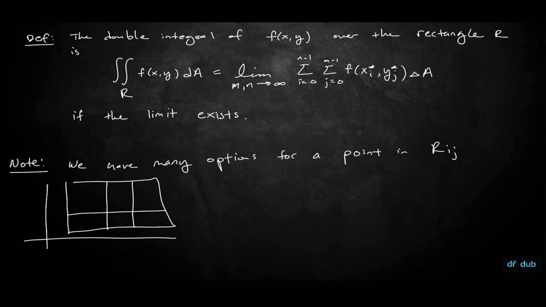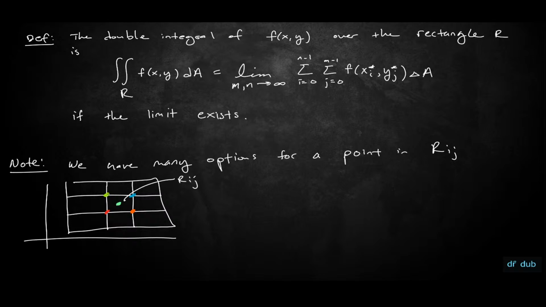Well, then there are a bunch of different points that we could pick. We could pick the lower left corner. We could pick the lower right corner. We could pick the upper left corner. We could pick the upper right corner. We could pick the midpoint. We could pick any point we want to inside of this little rectangle R_ij. So it just depends on your preference, I guess.